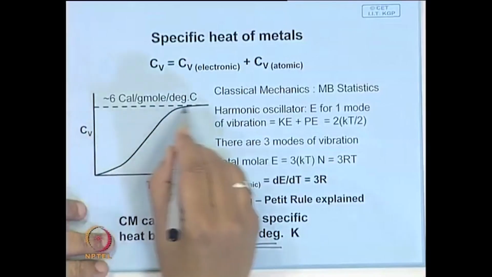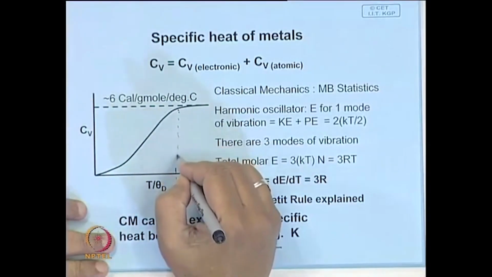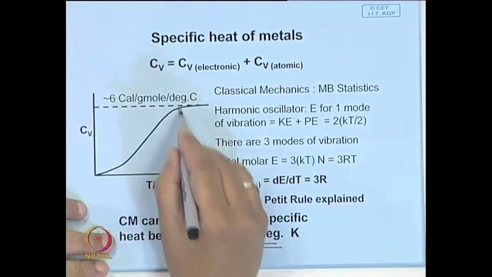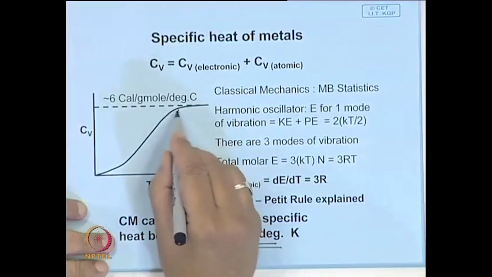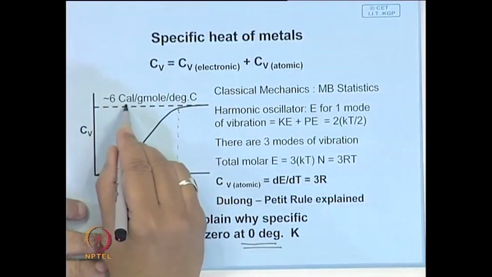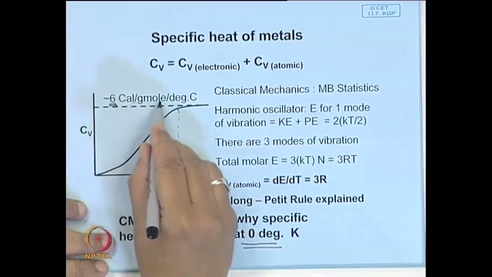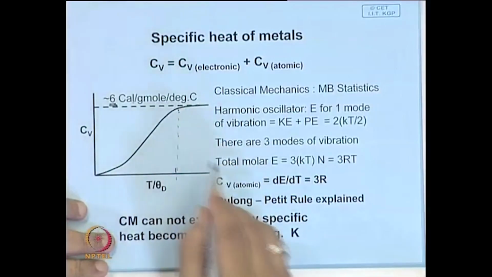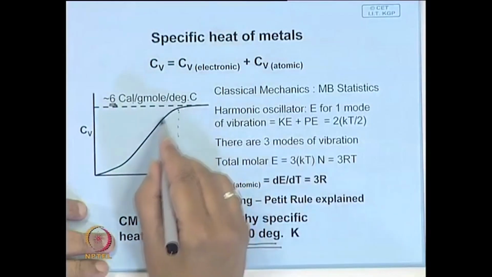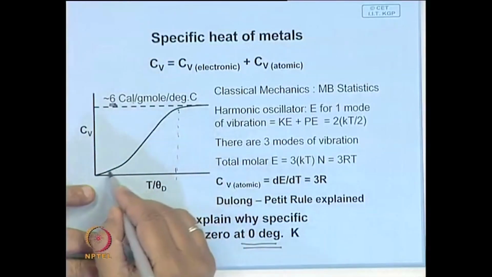That means at a higher temperature, or room temperature, which is normally considered quite high for most metallic materials, most metallic materials have a molar specific heat around 6 calorie per gram mole per degree Kelvin. So, it can explain that, but when you go to a lower temperature, it gradually goes down to 0.